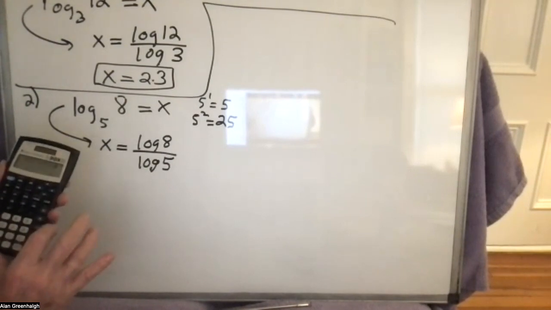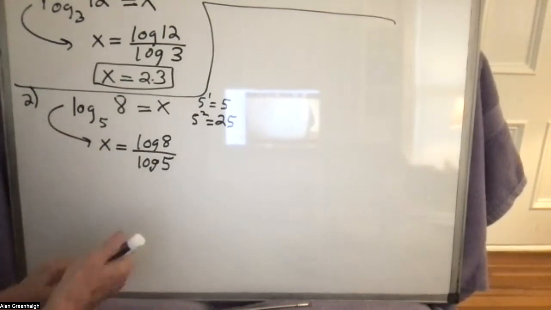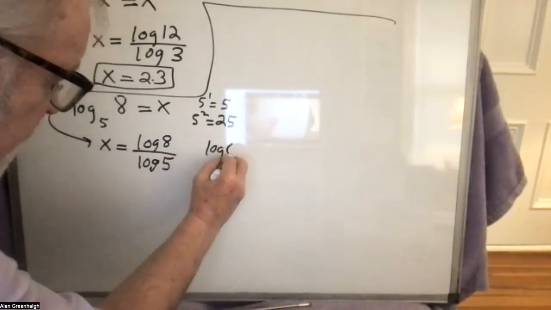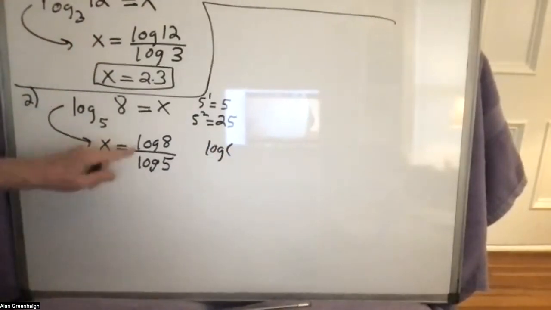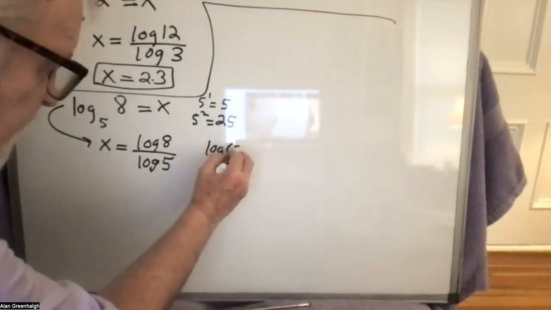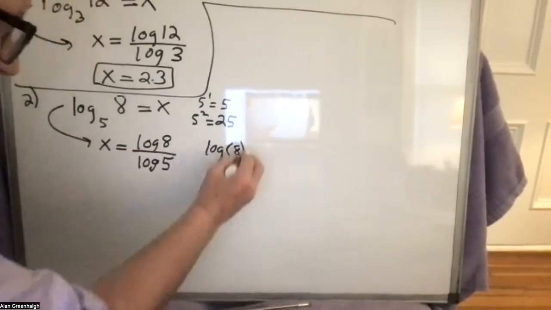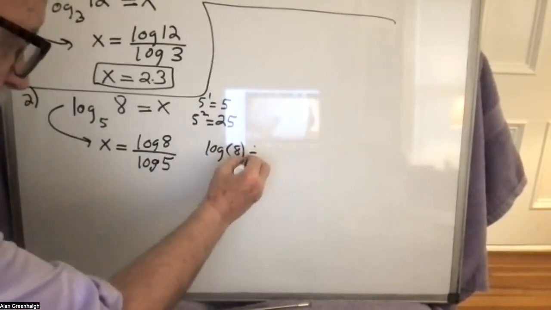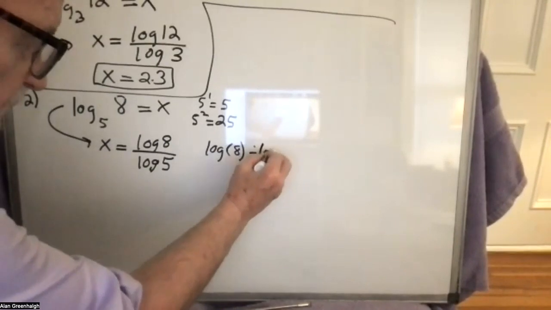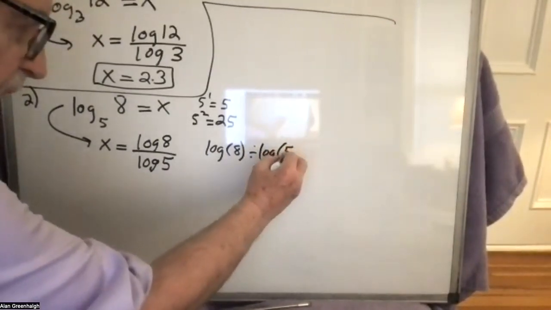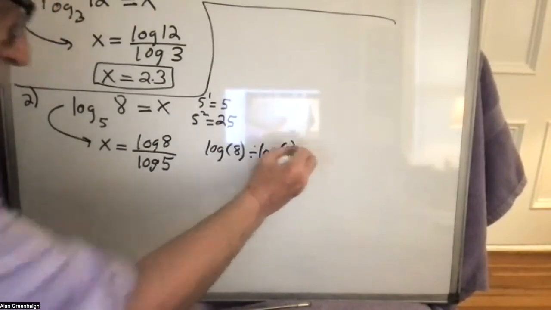Close. So this is what I'm doing, just so you know how I'm doing this. I'm putting in the log of 8. It automatically gives you, as soon as you hit log, this is what it gives you. So I put in the 8. I then put in the division, and put in the log, and immediately it opens up like that, of 5, and then I just close it.